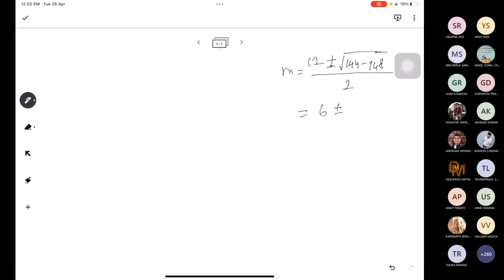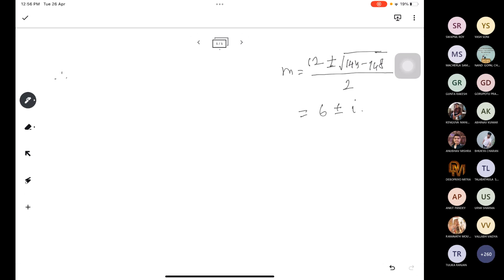From here you are having minus 4, so that means plus minus 2i, that is plus minus i. So this will be 6 plus minus i.